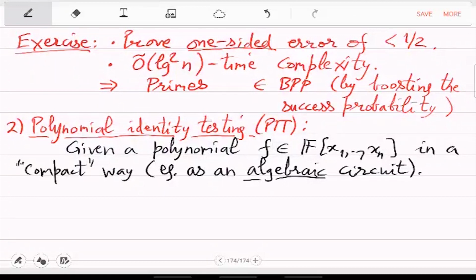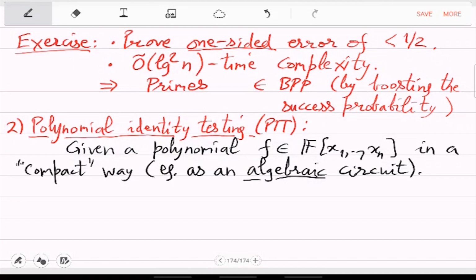You can add inputs coming on the wires, or you can multiply inputs coming on the wires and then give an output. Towards the end of the course we will define what a circuit is, but just think of it from an electrical engineering viewpoint. That is where the name comes from.